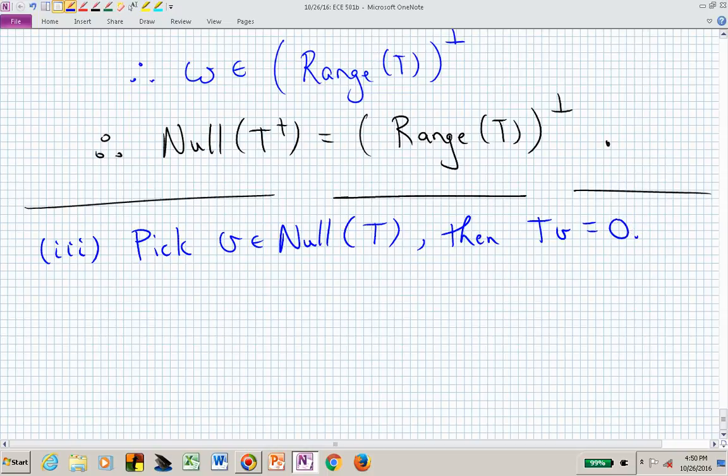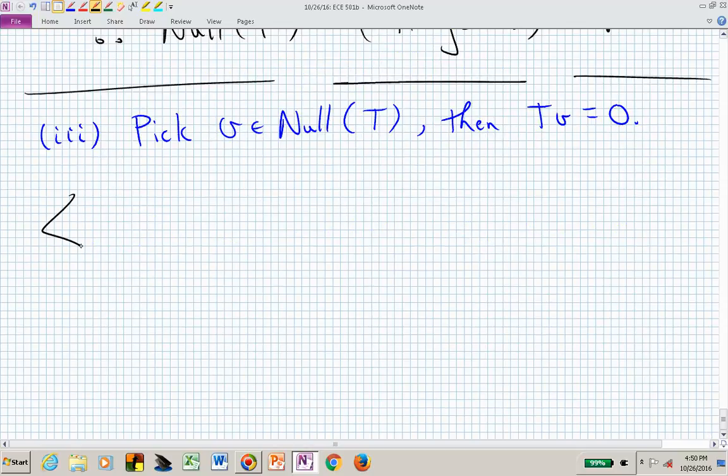Now we can do a similar thought process to before. Let's start with 0 and inner product that with W, and what do we know that must equal? The 0 vector is orthogonal to everything, so we know that's equal to 0.